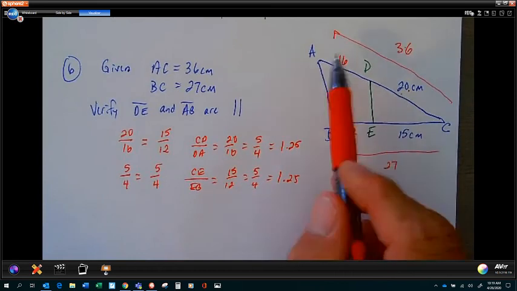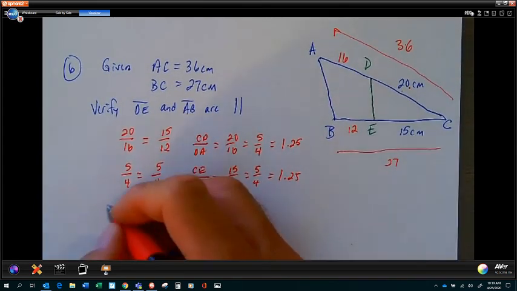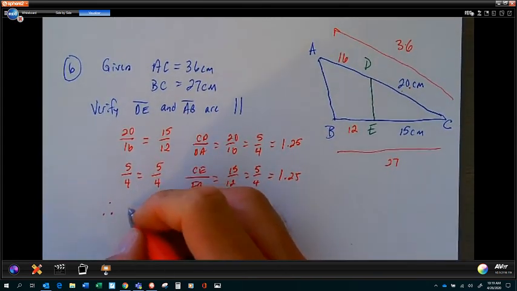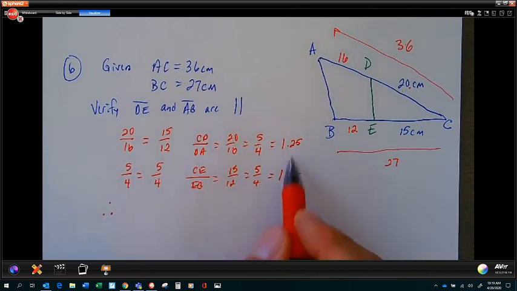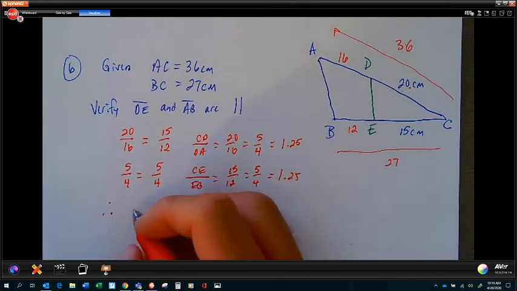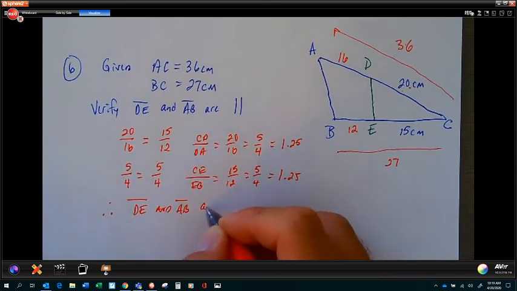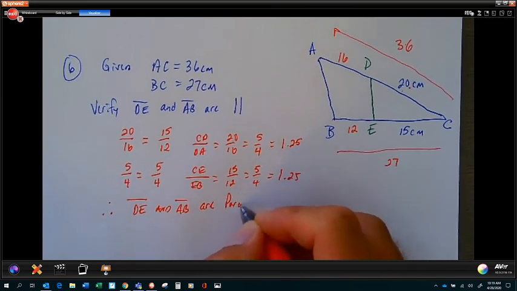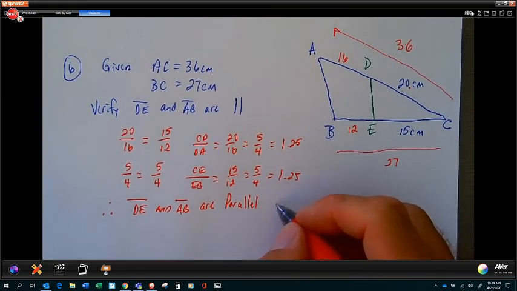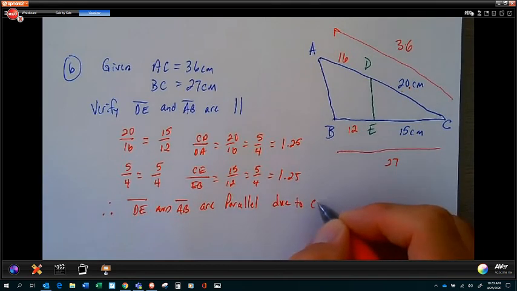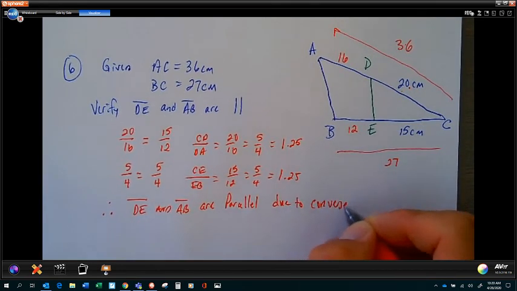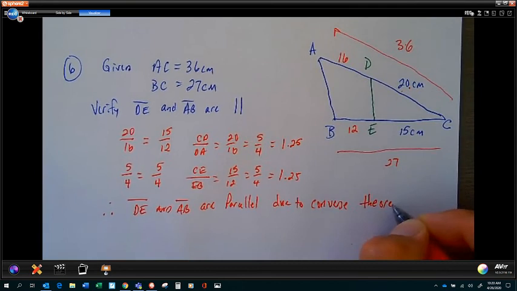But proving by the numbers, because these are proportional, we can say that DE and AB are parallel due to the converse theorem above.